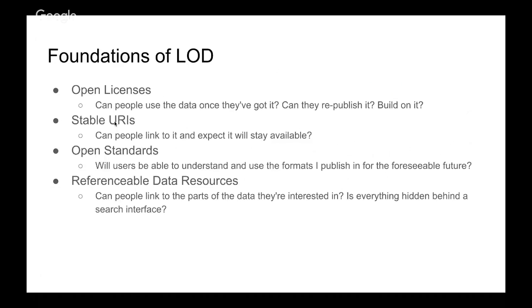Can people use the data once they've got it? It's fine to put something out on the web, but what can I do with it once I've gotten your data? Can I do something to it and republish it myself? Can I take it and make it better and republish it? Can I add more information to it?